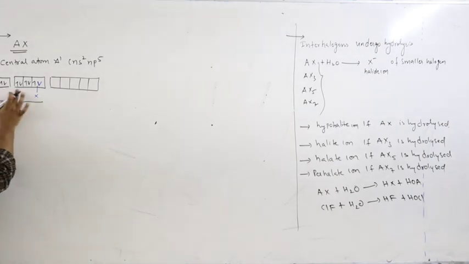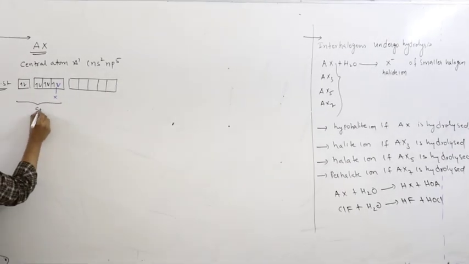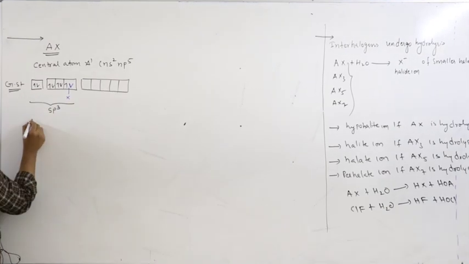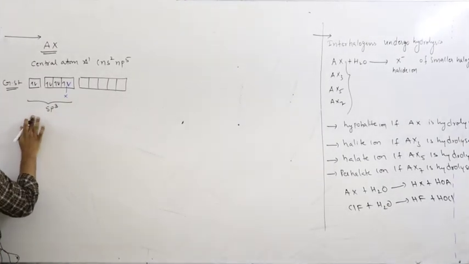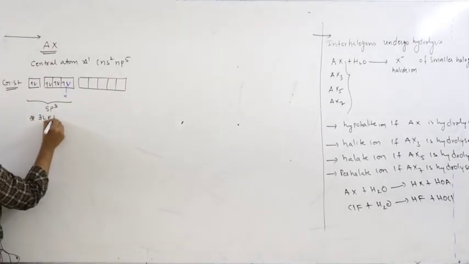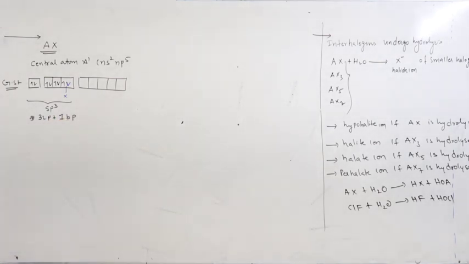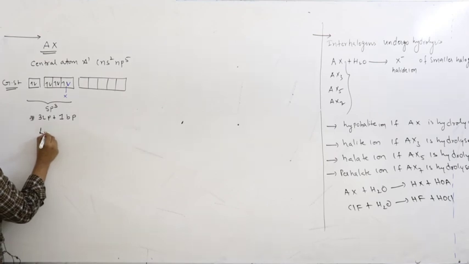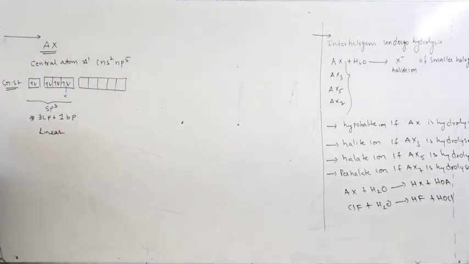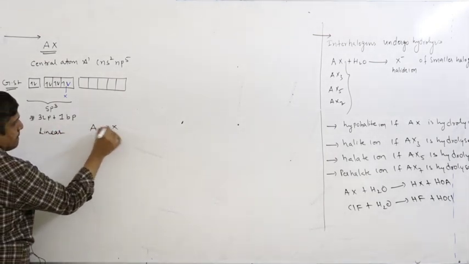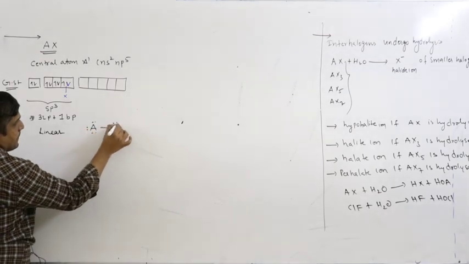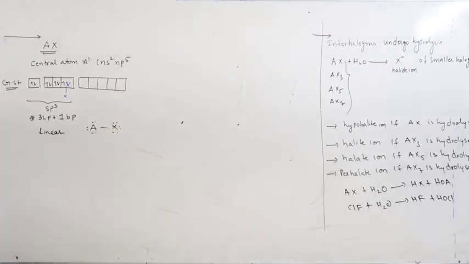So what is the hybridization? s, p, p, p. The hybridization will be sp3. It has 3 lone pairs plus 1 bond pair. Hybridization is sp3. What is the shape? Linear. So the shape is linear.